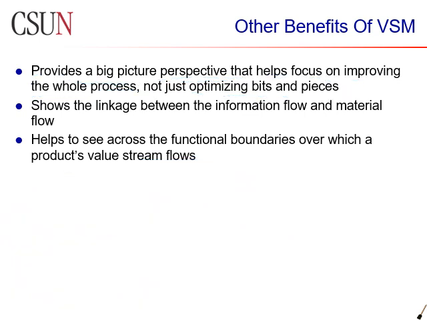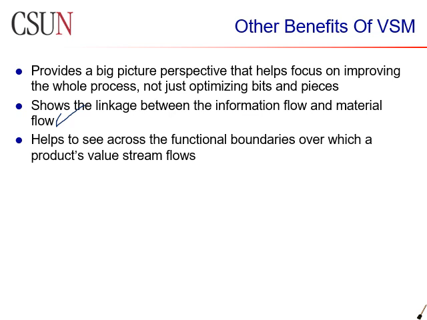Sometimes we don't know who's the source of the information, who's initiating the order, who's delaying the order. How does the information flow? How is it related to the manufacturing itself or the production itself? So this can be shown in the value stream map.